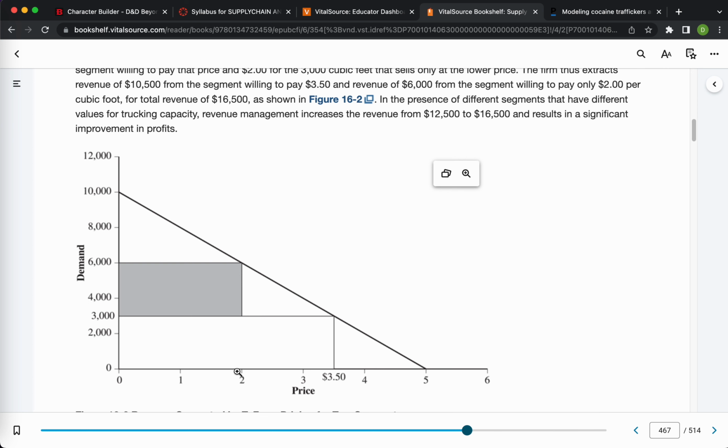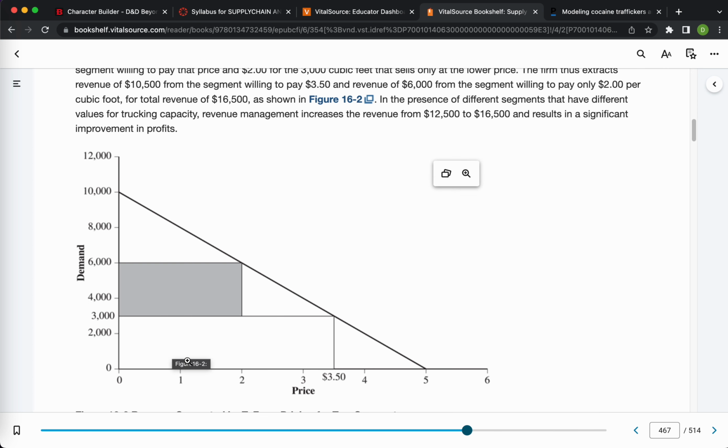You'll notice that our overall revenue will increase from 12,500 to 16,500, where some of your customers have booked it at $2 per cubic foot, and some other customers have booked from you for $3.50 per cubic foot, in which case our total revenue will be 16,500. Why is that?